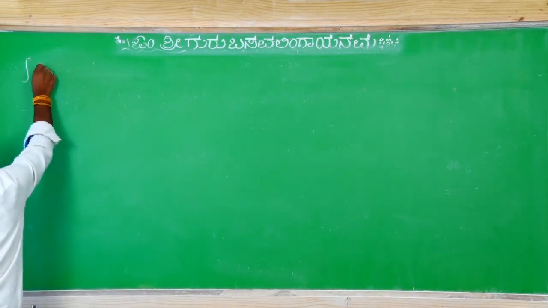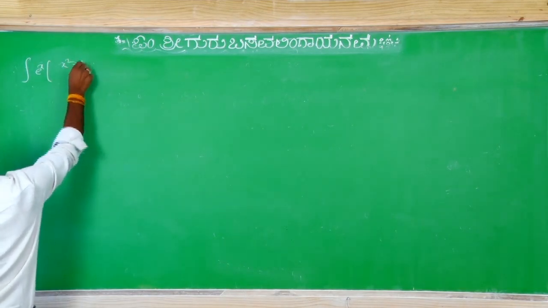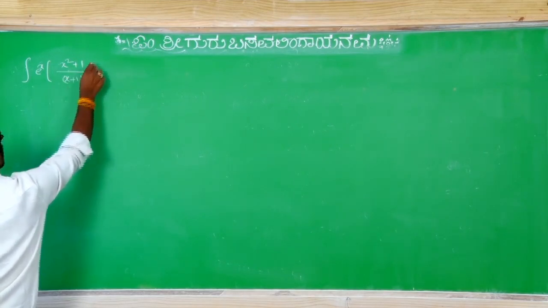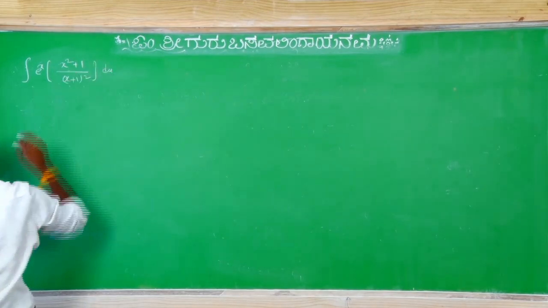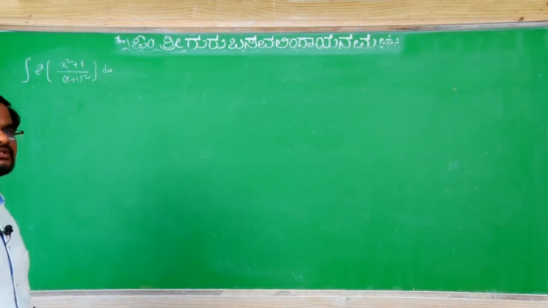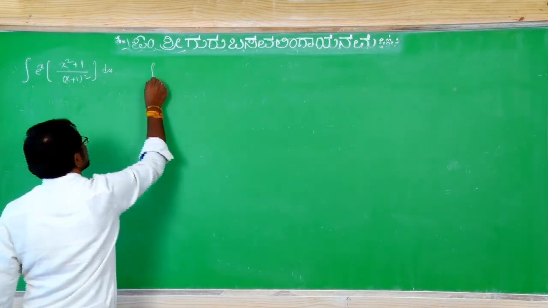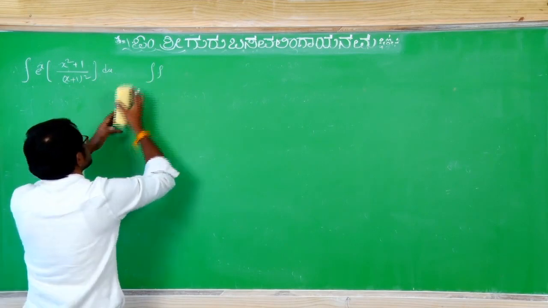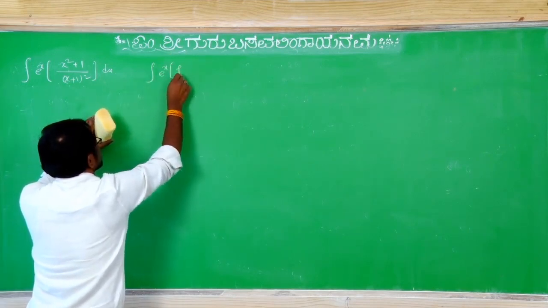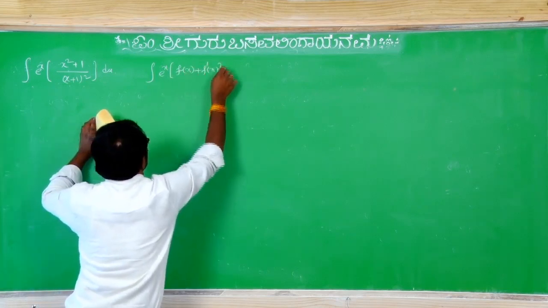Integration of e power x into (x square plus 1) divided by (x plus 1) whole square into dx. So how to do? This is also one of the important problems. So we have one condition, e power x into f of x, by parts only, one condition you took.